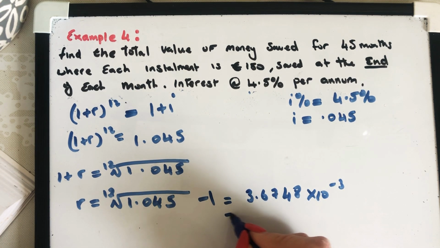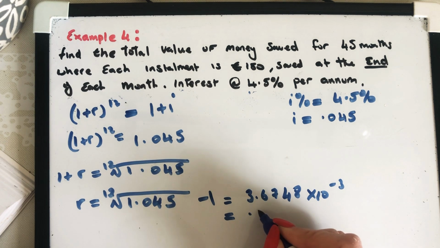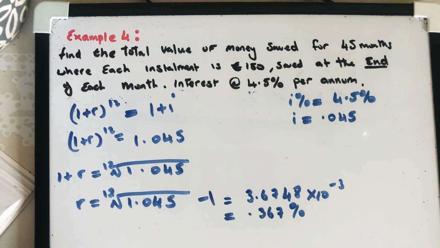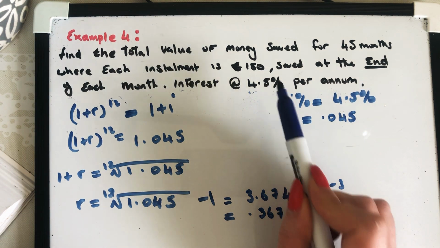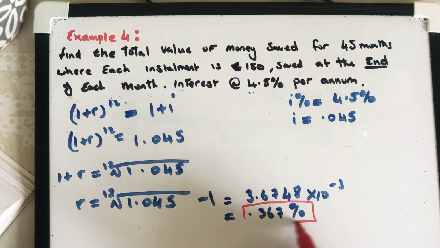And we know this here is in decimals, so we're going to multiply by 100 to bring us into percentage, so 0.367%. Okay, so that's the first step where we transform our yearly interest into monthly interest. So let's put a box around that because we're going to come back to that in a second.